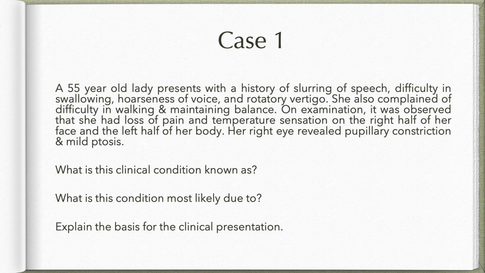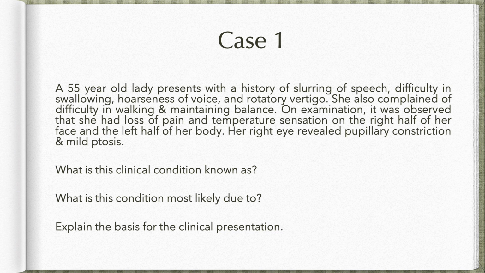So that means there is something to do with the cerebellar structures' involvement. On examination, it was observed that she had loss of pain and temperature sensation on the right half of her face and left half of her body. So here we have dissociative anesthesia, that is, one half of the face and the opposite half of the body have the loss of pain and temperature. This in itself should give us a clue that the lesion is most likely in the medulla oblongata.